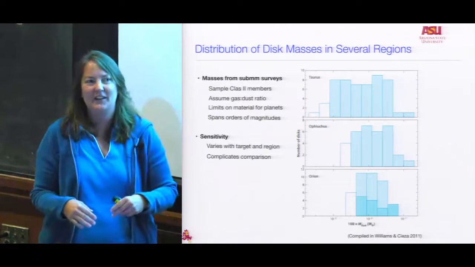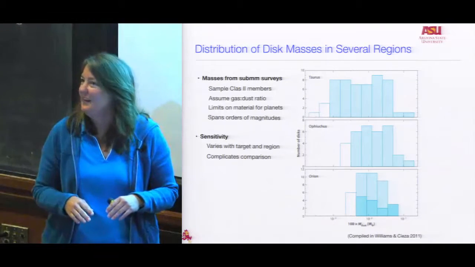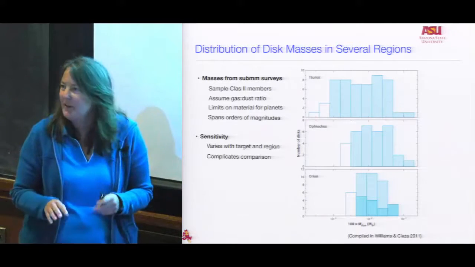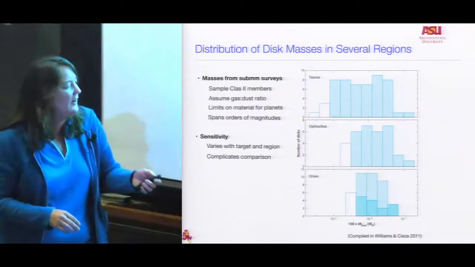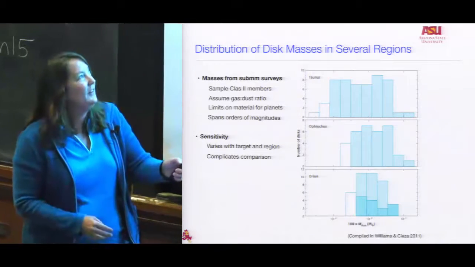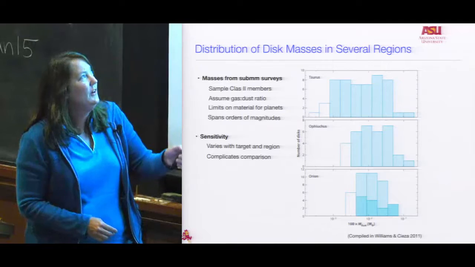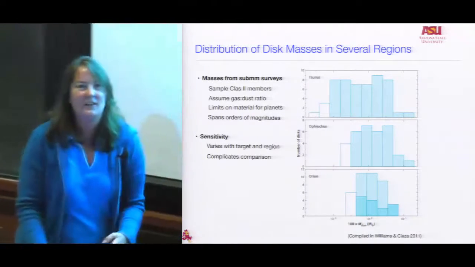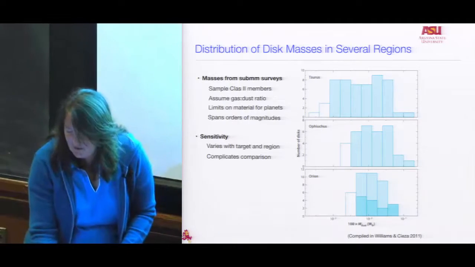Now, the fact that there's limited sensitivity in the previously completed large-scale surveys in the literature complicates the comparison. If you want to compare Orion to these nearer regions, all of these lower mass disks in the nearer regions are no longer detectable at Orion, so there has to be a lot of trimming, and that complicates things.